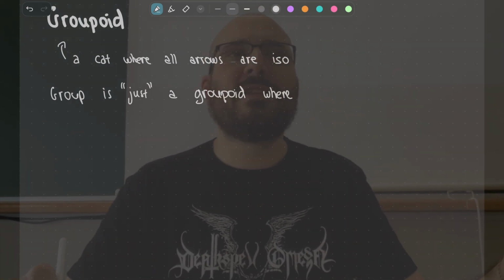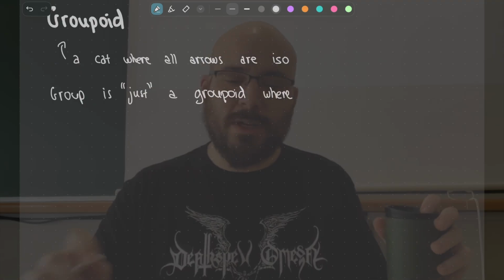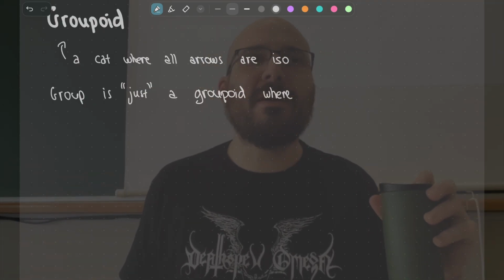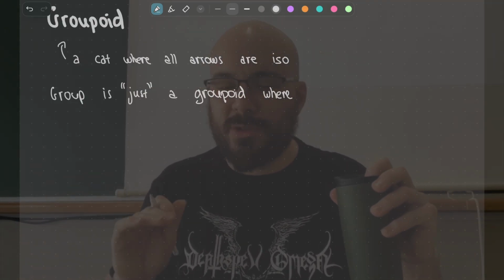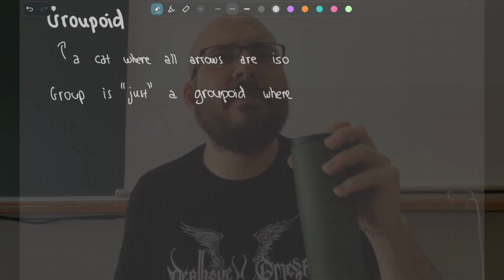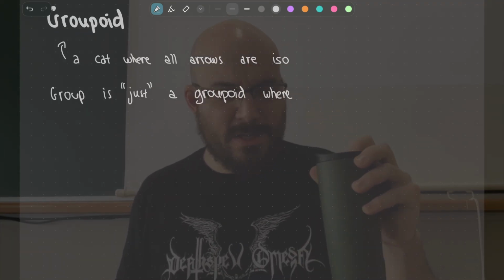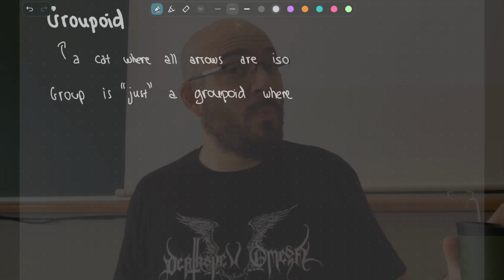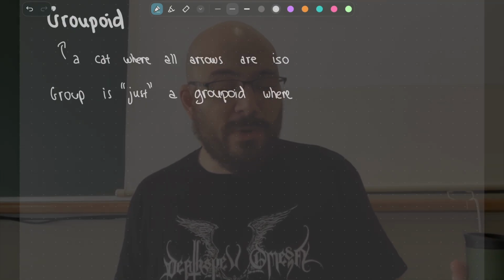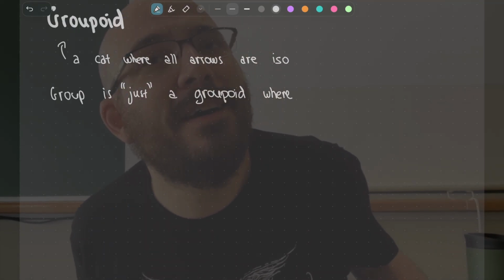Has anybody spotted this? Once you get used to it, it's quite obvious, but it's probably not so obvious if it's the first time you see it. Areti? Where all the functors are what?